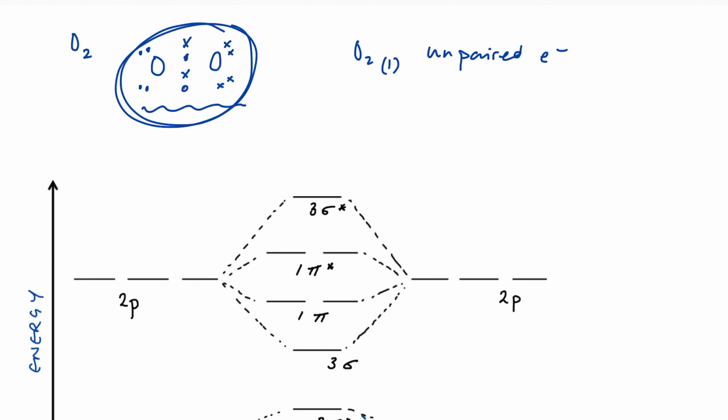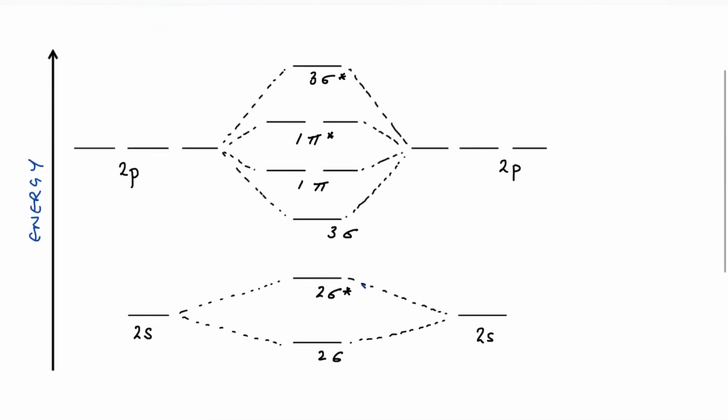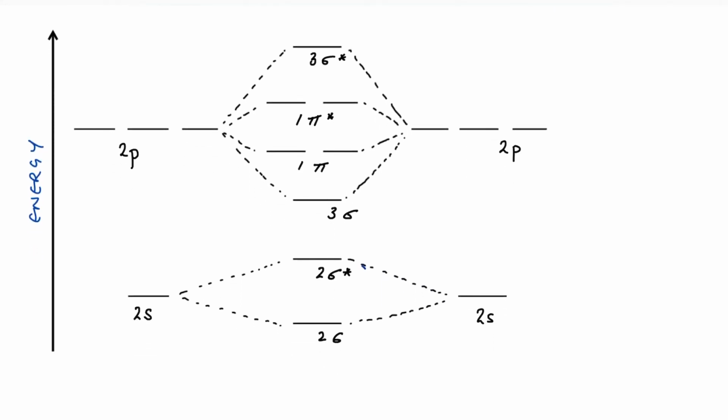So let's see if molecular orbital theory is going to give us a better description of the bonding in an O2 molecule. Each oxygen atom has the electron configuration 1s2, 2s2, 2p4. What does that look like on our energy level diagram? Again, we're just going to consider our valence electrons. So I have got 2 electrons in each of the 2s.